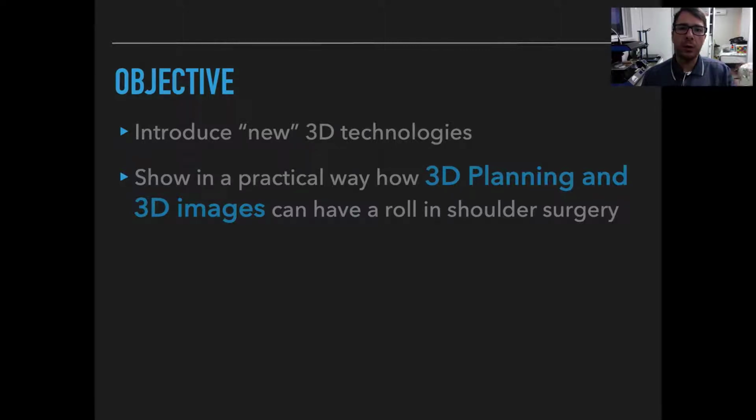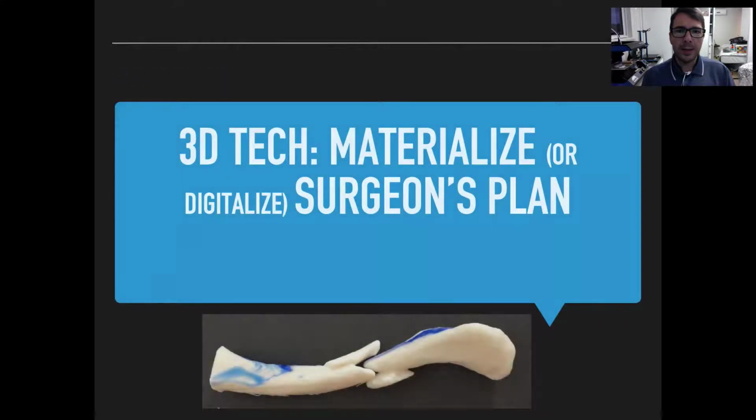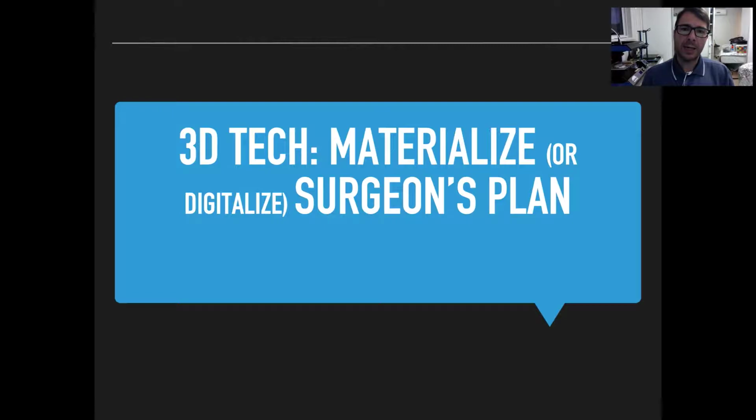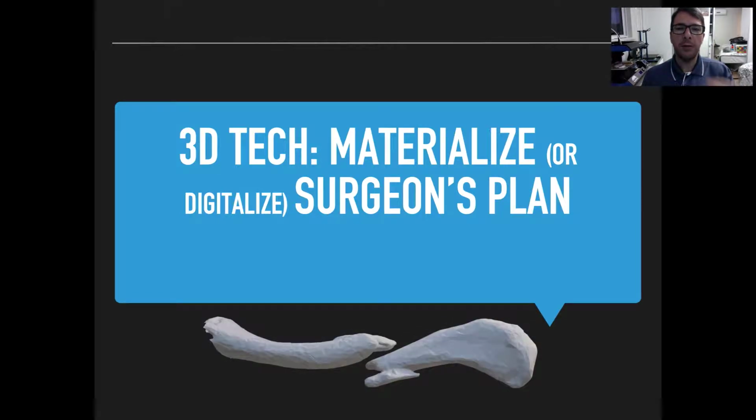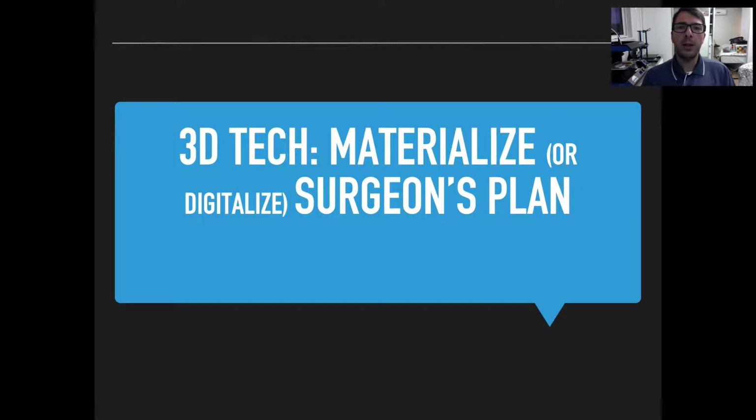This is a quote, and it's important to understand that the 3D tech is the materialization of the surgeon's plan. So we have an example here of a 3D printed clavicle model. Here we have the 3D digital model, and the digital plan.